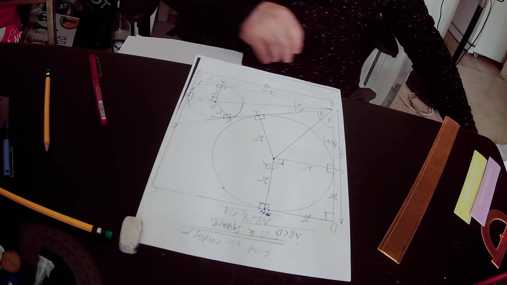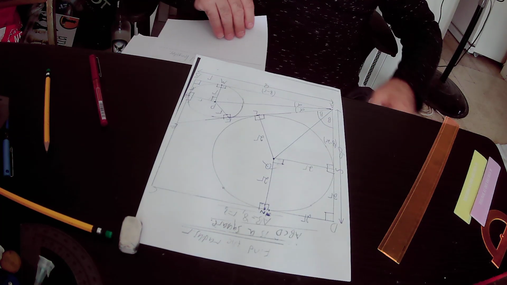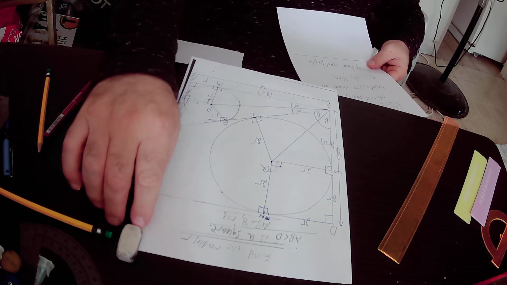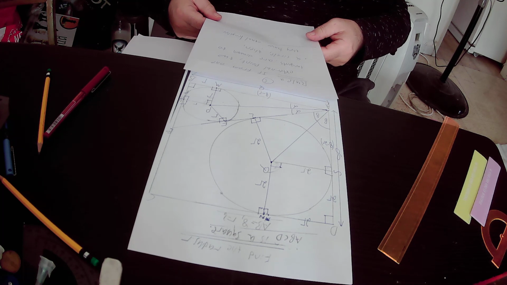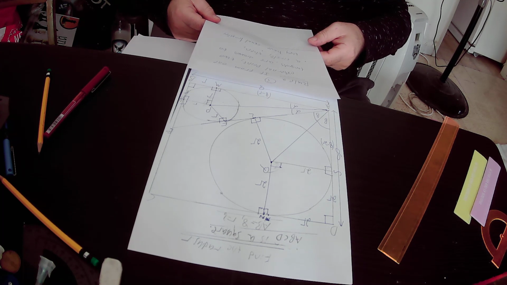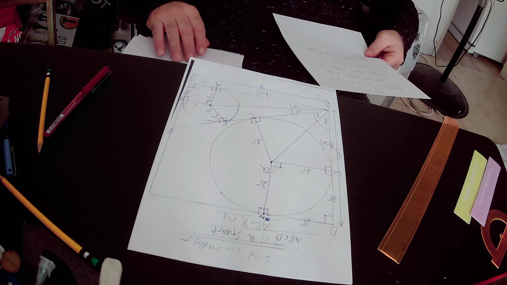And I also presented to you rule number two. Rule number two states that if from one external point two tangents are drawn to a circle, then they have equal lengths.